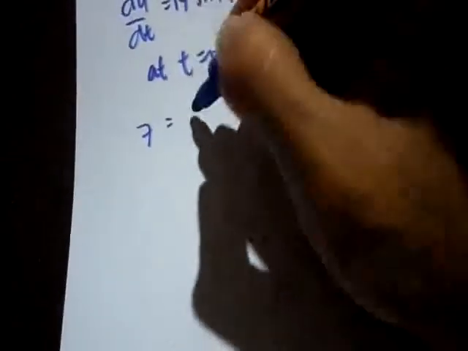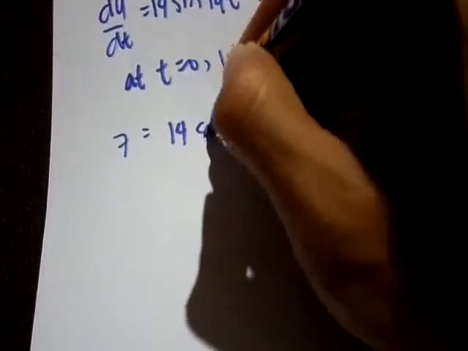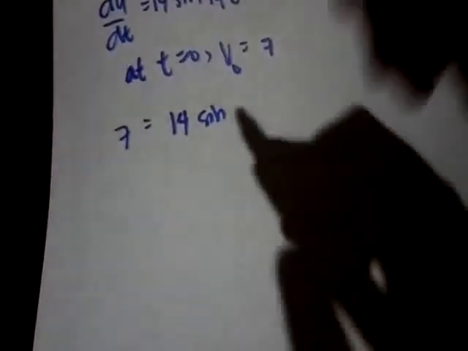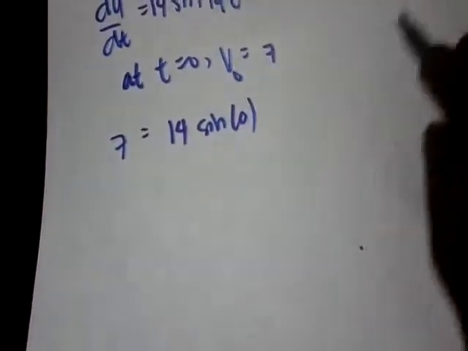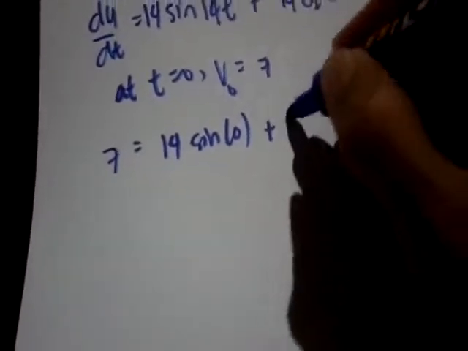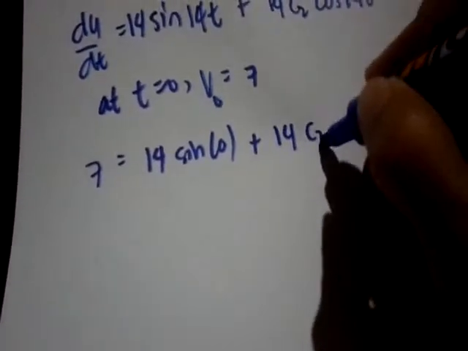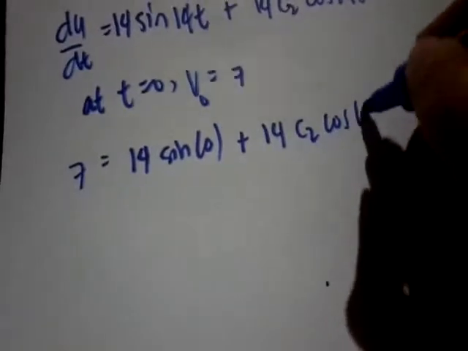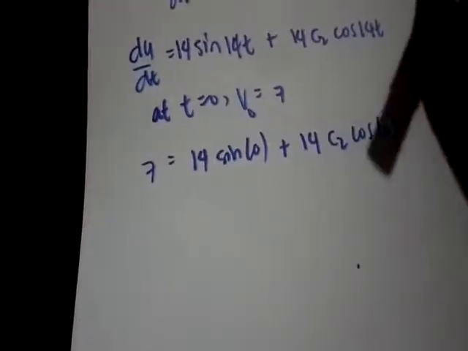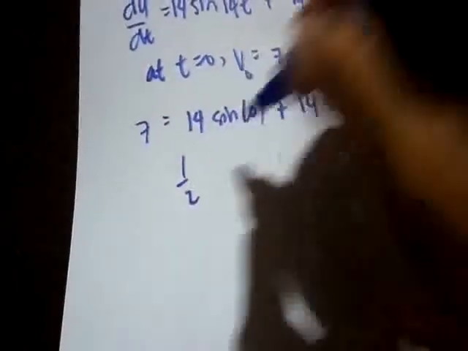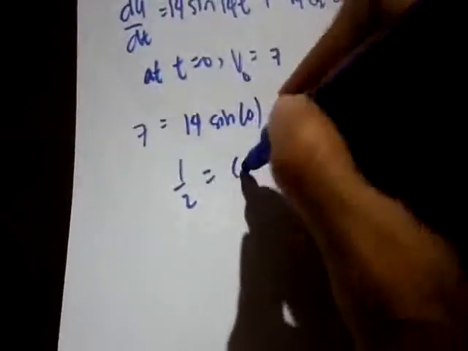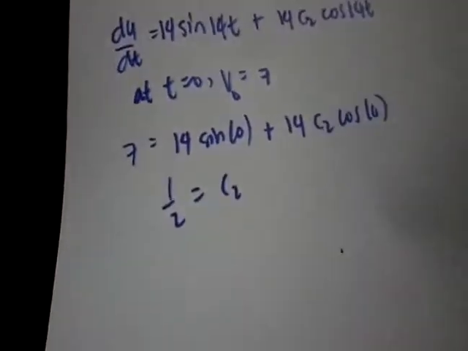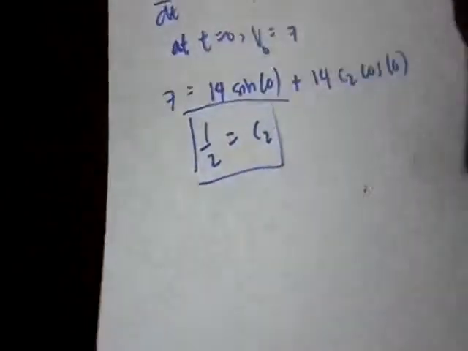So 7 is equal to 14 sine 0 plus 14 c2 cosine 0. This is equal to 0, so it will be 1/2 c2 cosine 0. Cosine 0 is 1, so our c2 is 1/2.